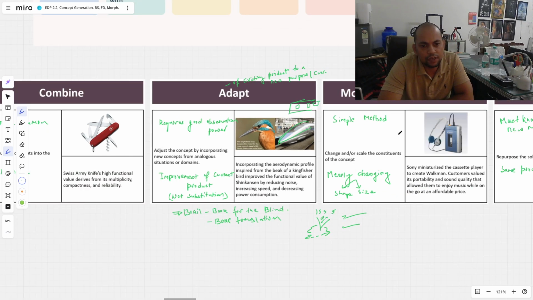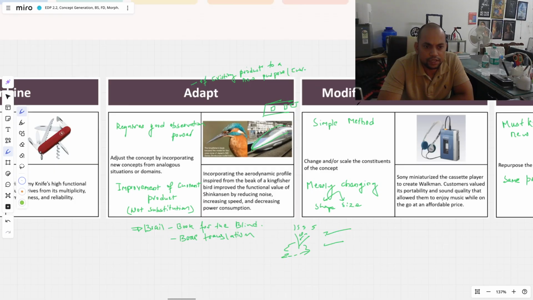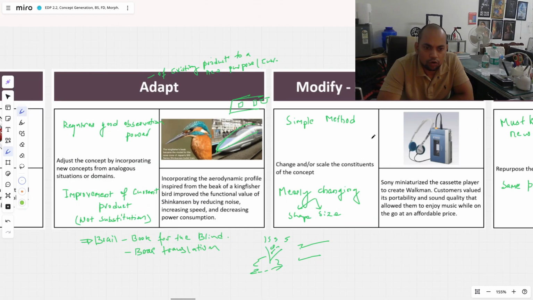The next way of thinking is not adaptation, it is to make it smaller, larger, or change its shape.